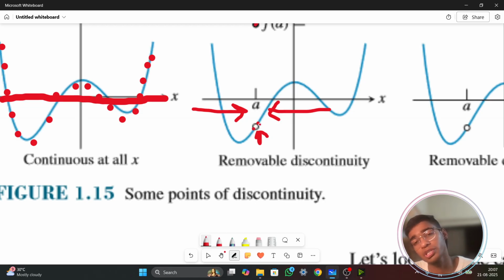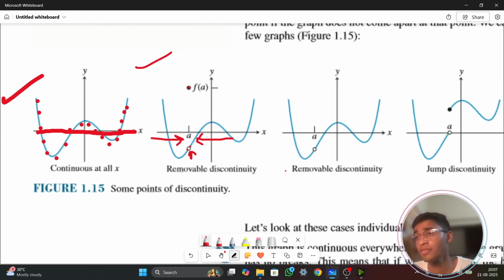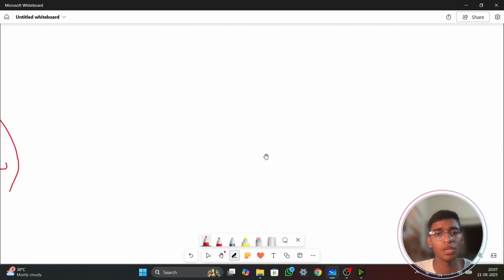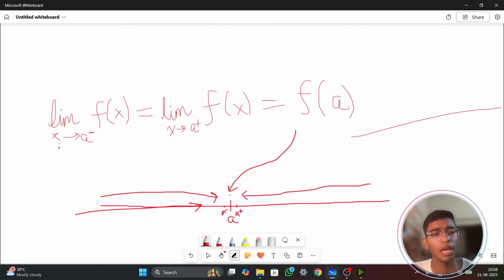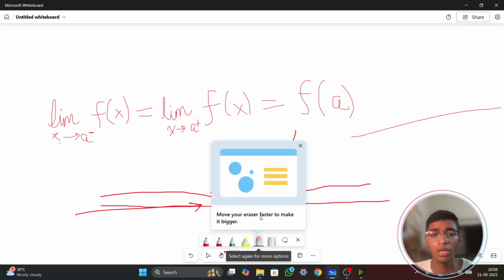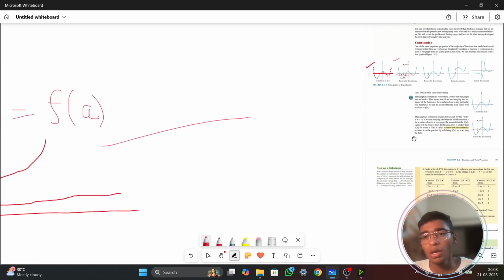This function is defined at a negative and also at a positive, but it is not defined exactly at a. That is why it's called a removable discontinuity, because if we define some value at a, then the condition I already told you about will be true. That is, the limit of f(x) coming from the negative side should equal the limit coming from the positive side, which should equal the exact value of the function when x equals a. So you're getting f(a). This was the thing they are talking about.